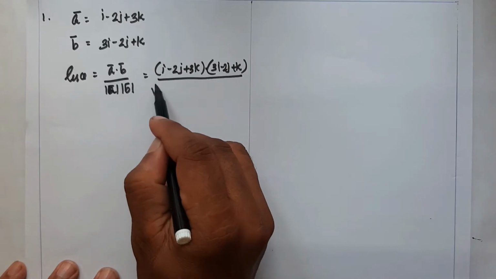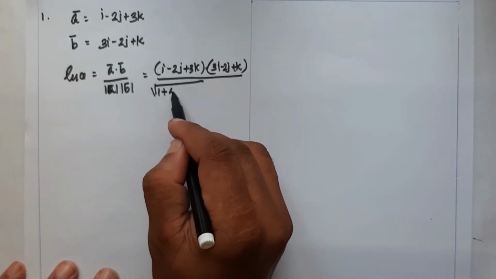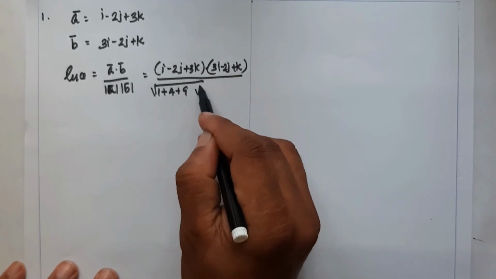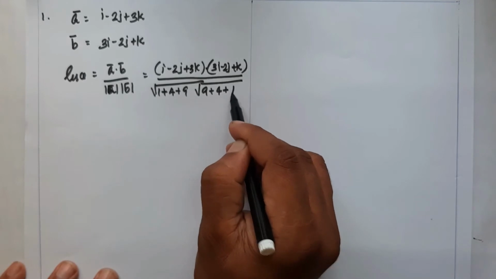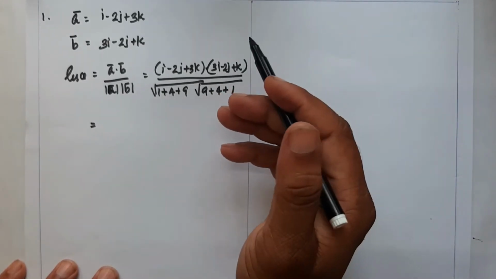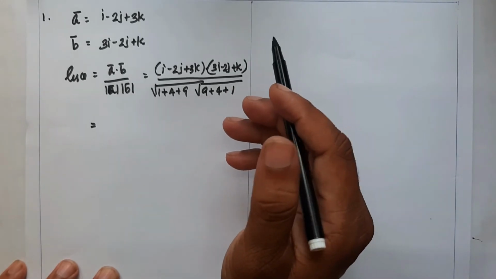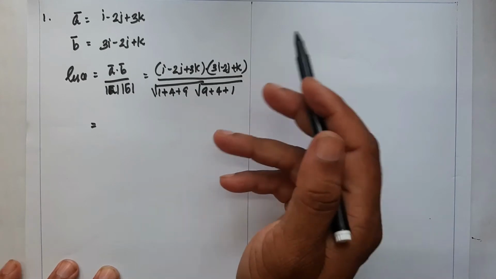divided by, as you already know how to find the modulus of a vector, square root of 1 plus 4 plus 9 into square root of 9 plus 4 plus 1. In the dot product we get A1 B1 plus A2 B2 plus A3 B3.